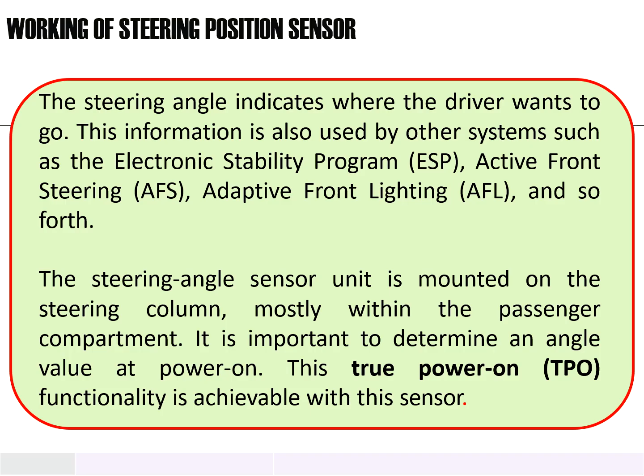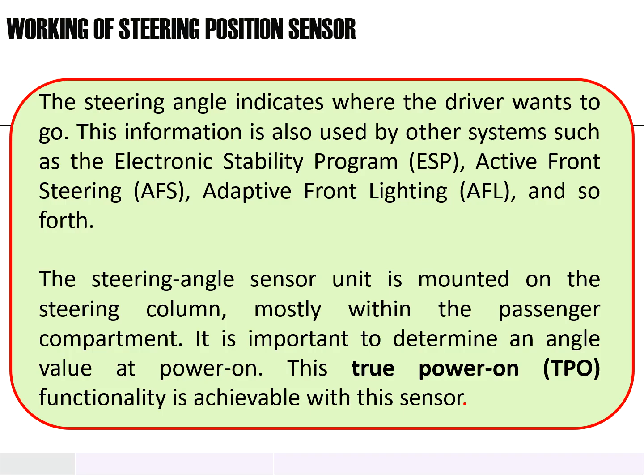Another important feature mentioned in our previous presentation is true power on, called TPO functionality. Normally, when an electronic control system is powered on, it needs to know the current steering position. Therefore, it is important for the system to measure the steering angle value immediately after power on. The steering angle sensor provides this information also.